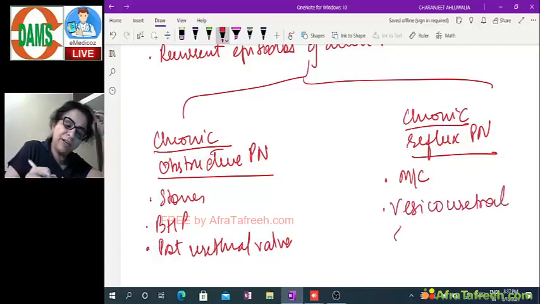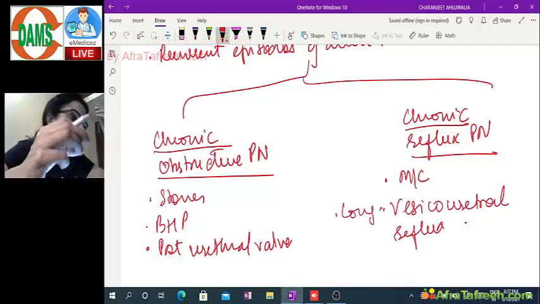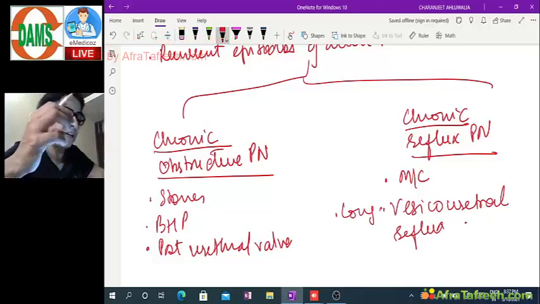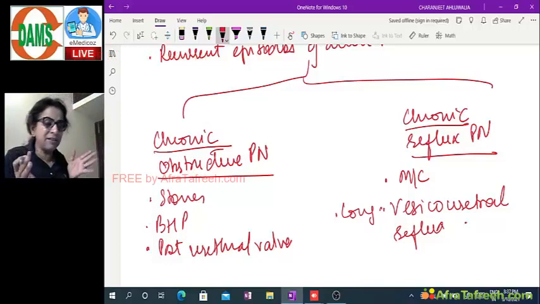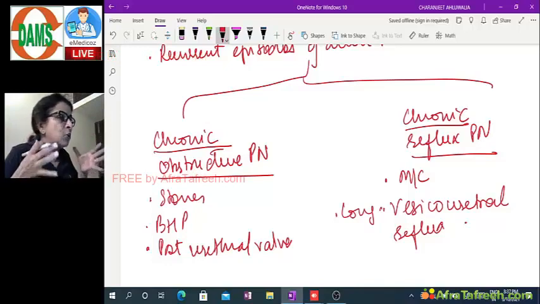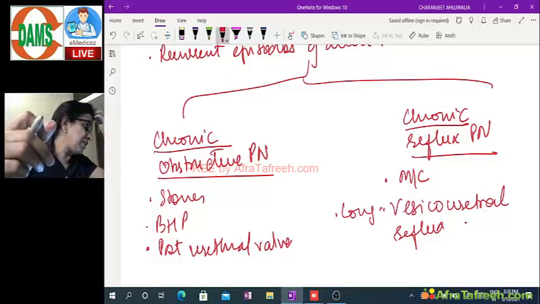There is something called congenital vesico-ureteral reflux. Where the ureters come into the bladder, there is a valve. That valve is weak, and as a result, whenever the urine in the bladder increases, since the valve is incompetent, the urine goes back through the ureters and reaches the kidney.